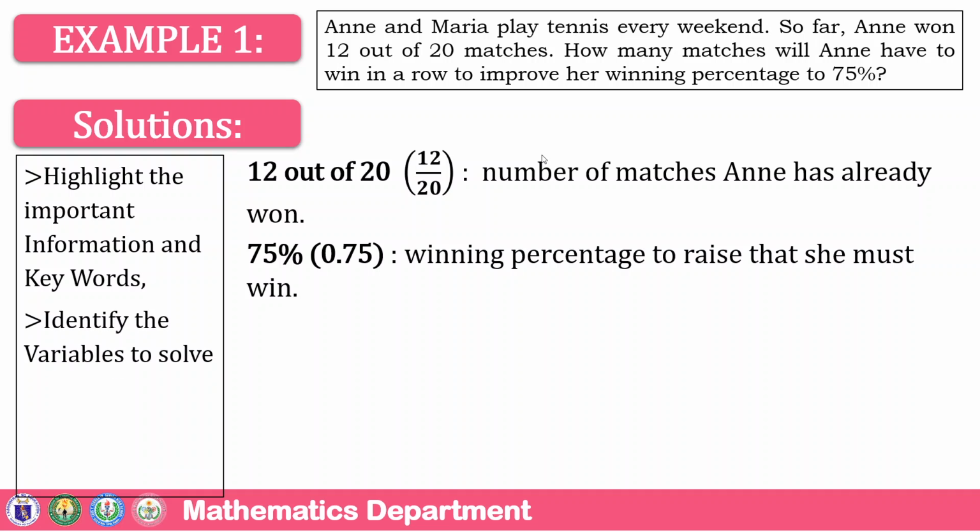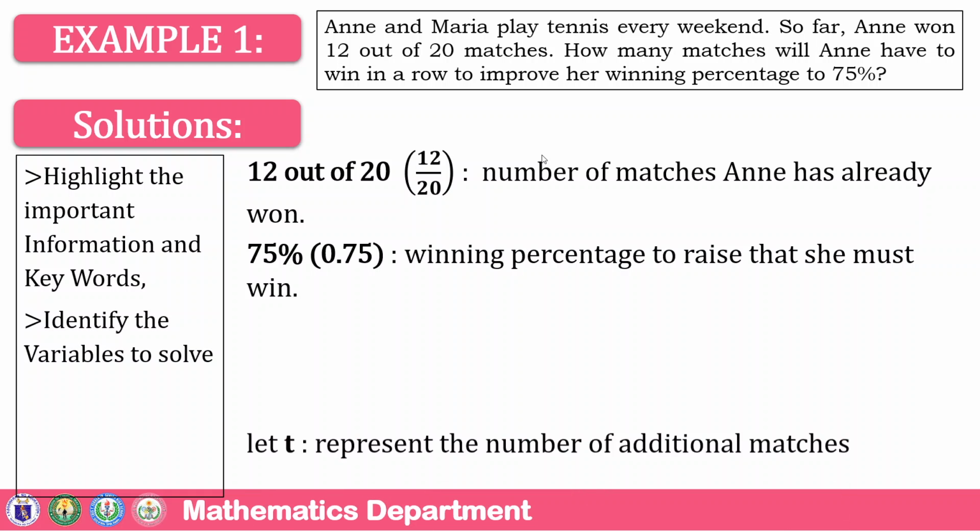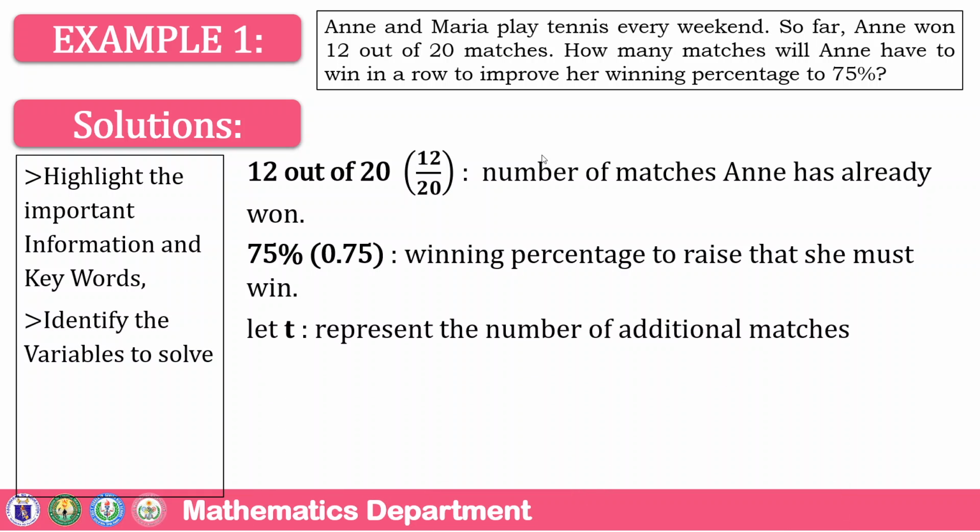And then let us identify the variables to solve. So represent natin yung additional matches to the variable t, and then let us write the equation or the inequality. So mapapansin natin, since magkakaroon tayo dito number of additional matches, which is the variable t, i-add lang natin to the number of matches na ipanalo ni Anne, at the same time, number of matches na naglaro na sila.